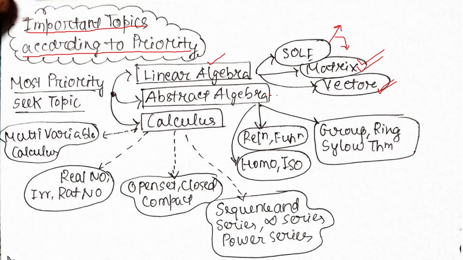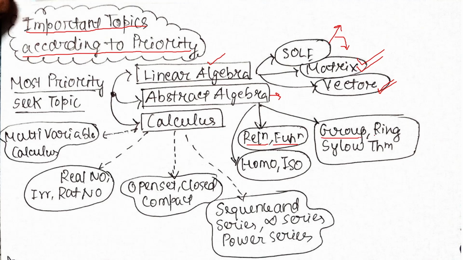Again, next we come to a very important topic, abstract algebra. It has subtopics like relations and functions, which is a basic thing we have studied at our 10 plus 2 level.